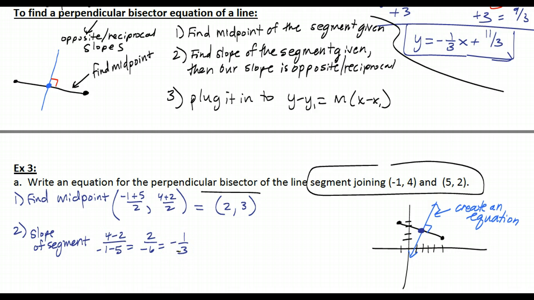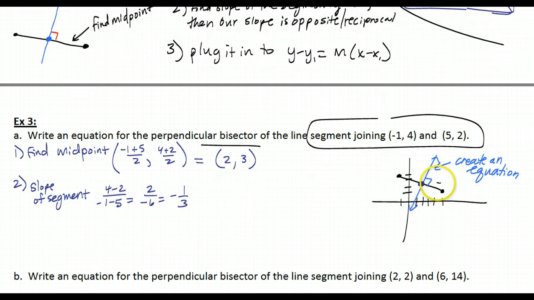Okay, so that is the slope of the black line. So our slope of the blue line is the opposite reciprocal. Opposite would make it positive. Reciprocal would make it 3 over 1. So our slope is 3.